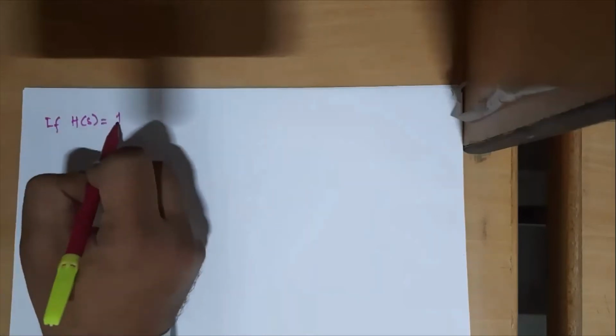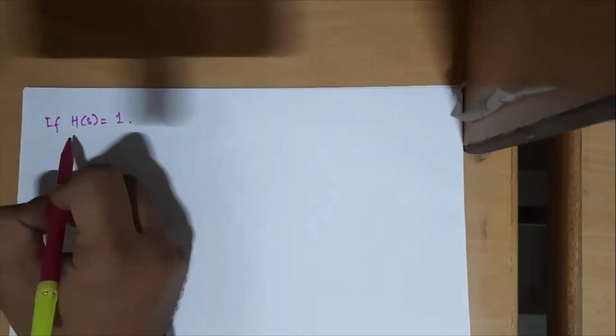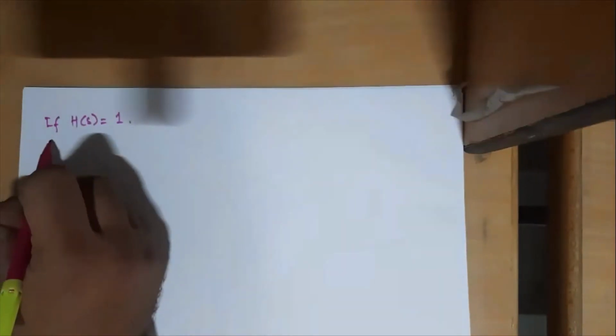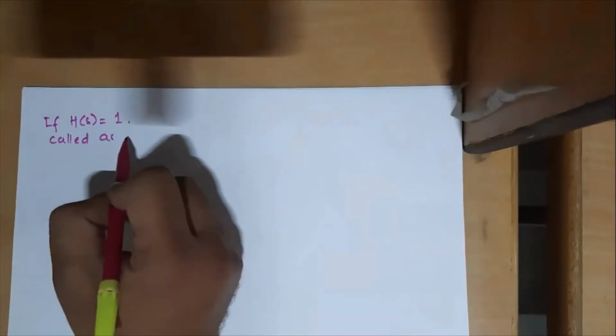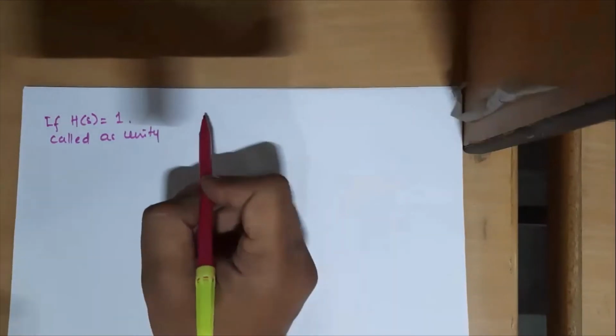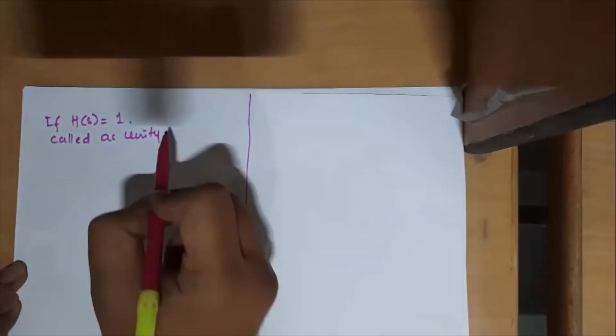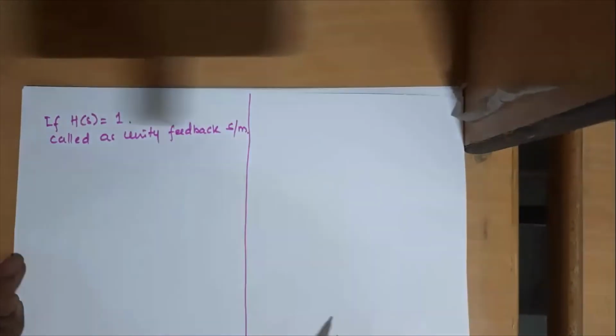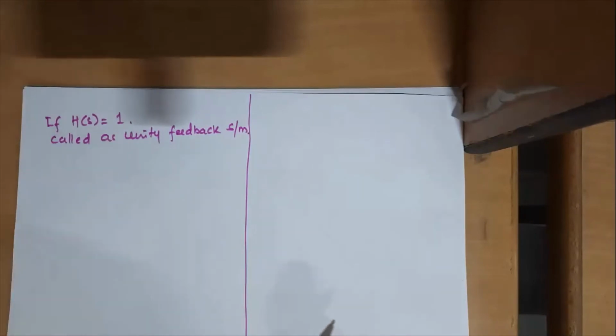So to proceed, if H of S is 1, unity, it is called a unity feedback system. Unity feedback system.